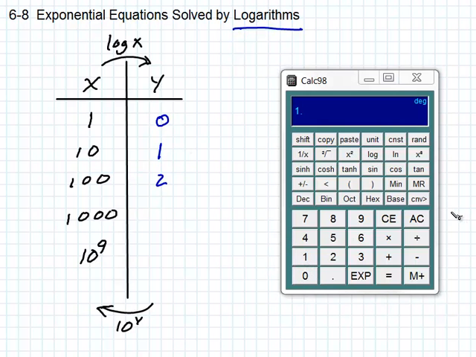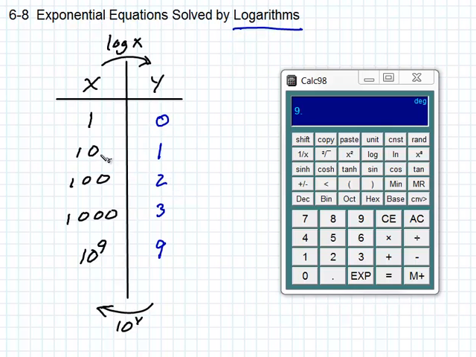I get 1. 1,000, it says 3. How about a number like 10 to the 9th? If I put in 1 exp 9, that's one way to get it, and then I hit log, it simply says 9.